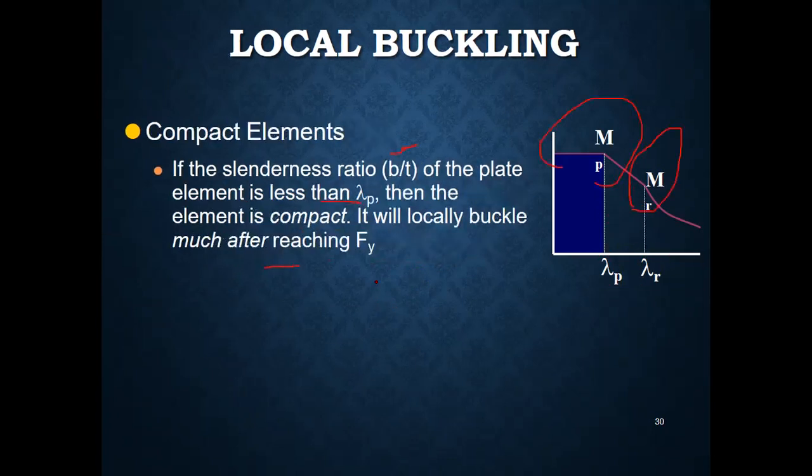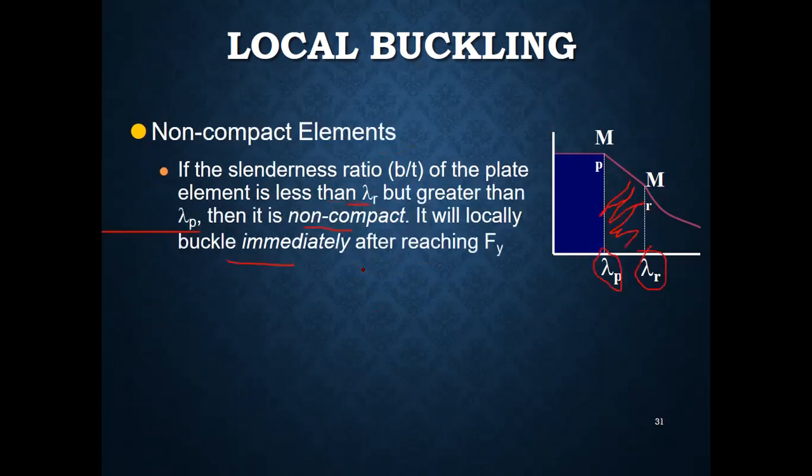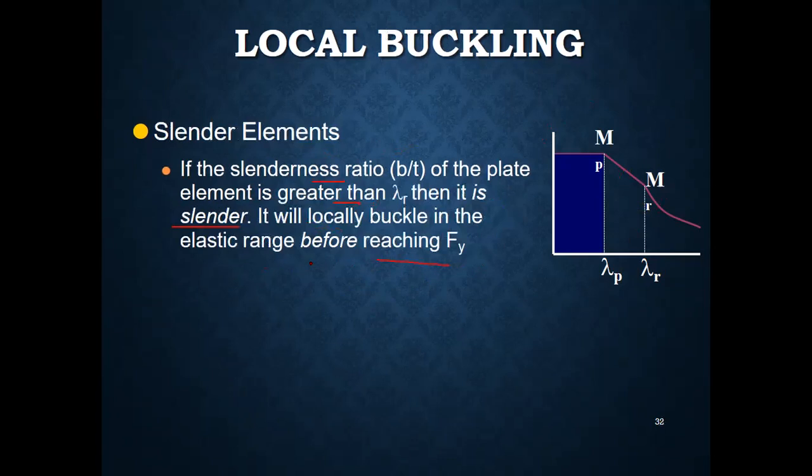First is the compact section, in which the failure occurs much after the yield point of the structure. Then we have the non-compact section, in which the failure occurs immediately when the yield stress is reached. And the third one is the slender element, in which the failure occurs even before the ultimate stress is achieved.